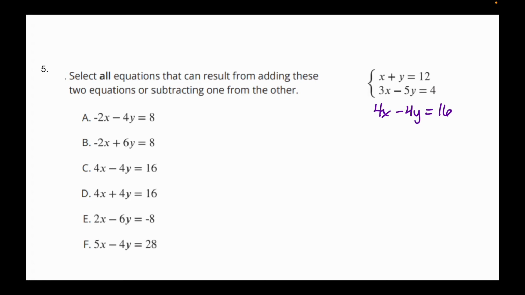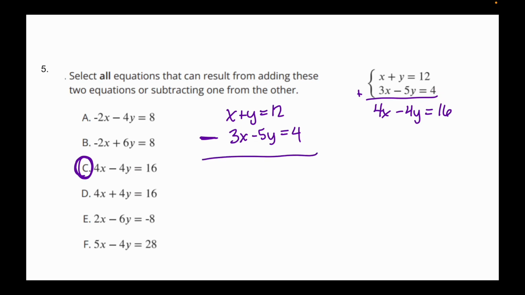Actually, I can leave that there. And we can say that this is add. Now, if I did x plus y equals 12, minus 3x minus 5y equals 4. x minus 3x is going to be negative 2x. y minus negative 5y will be a positive 6y.